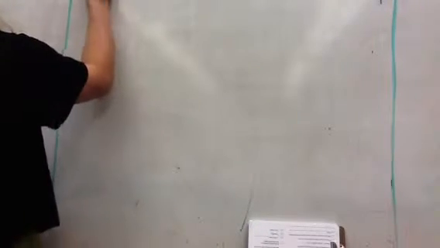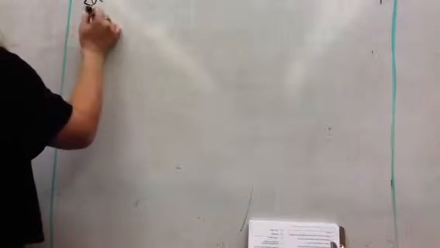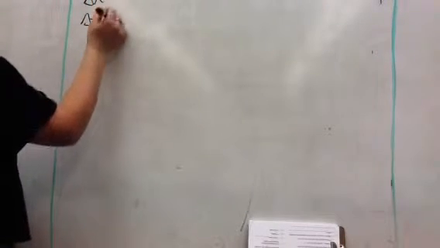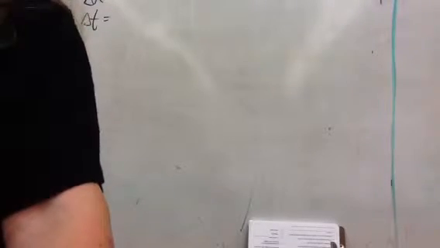So, every time you have a physics problem, write down your variables. In this case, the potential variables we could have are average velocity, displacement, and change in time. The problem, number one: Heather and Matthew walk eastward with a speed of 0.98 meters per second.